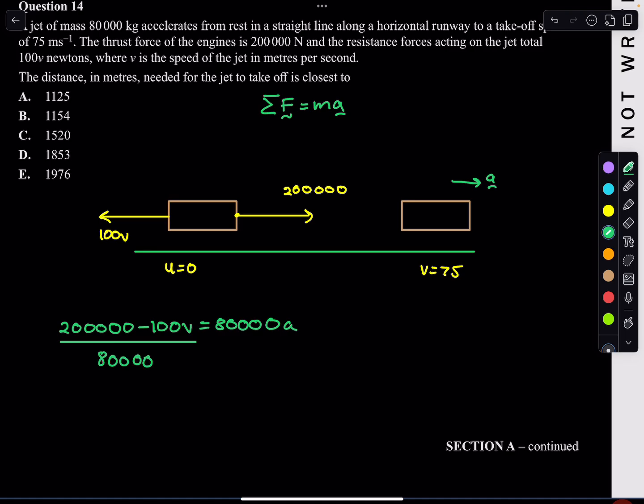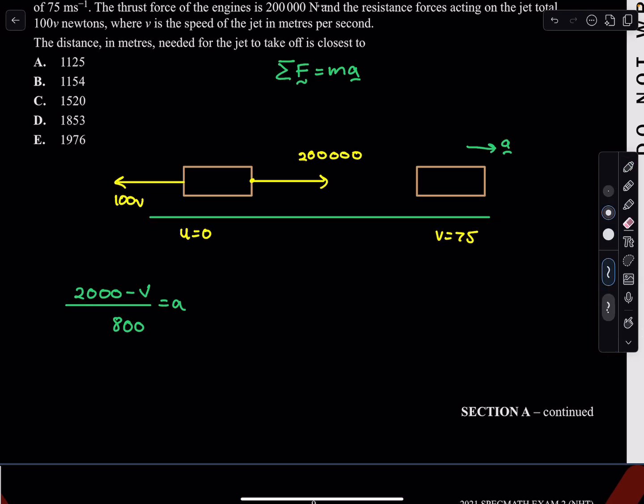All right, 80,000, done. We should get our acceleration. We can cancel the 100, so this simplifies to 2,000 minus v over 800, which is equal to a. Done. So we know the acceleration, and because we want to write it in terms of x, because we want distance, we can write acceleration as v dv/dx.